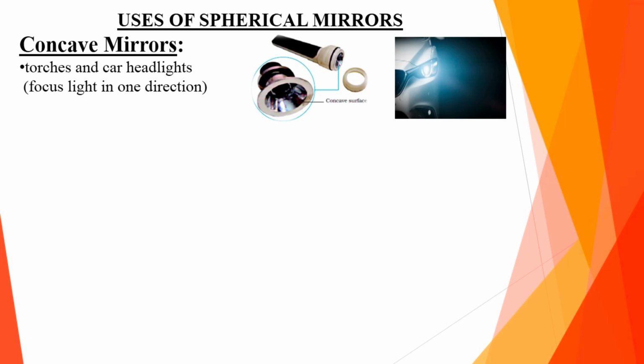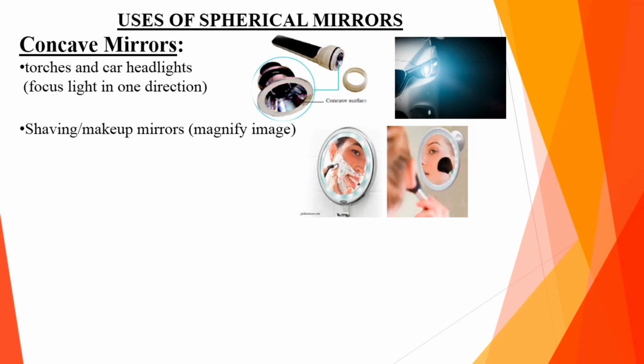They focus light in one direction. So next is shaving or makeup mirror to magnify the image. They produce a magnified upright image when the face is close to the mirror. When the object is within the focal length, the concave mirror forms virtual, enlarged and upright images.